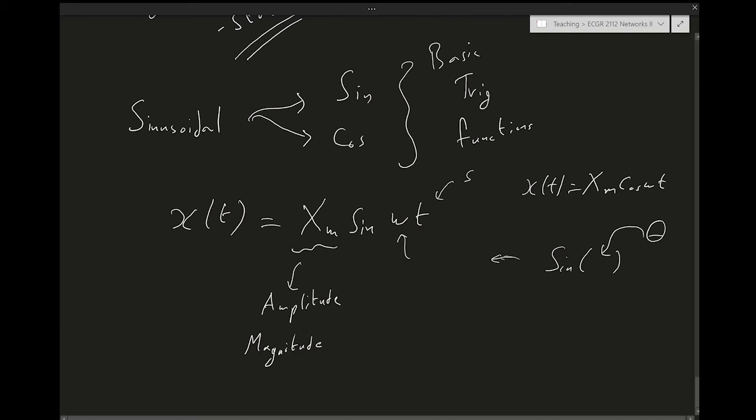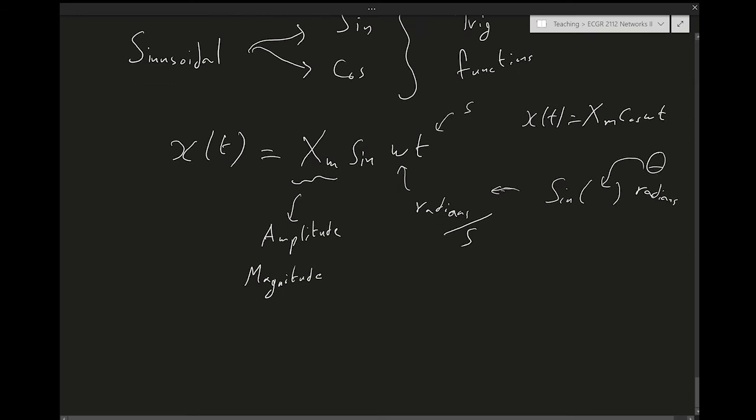We of course use radians to represent angles. So omega needs to have units of radians per second, so that it can take the seconds and turn them into radians to feed into the sine function, right?